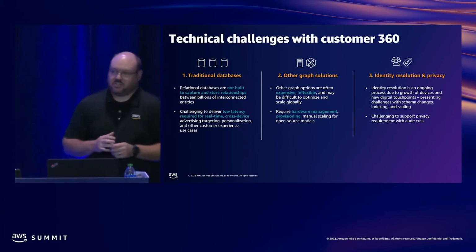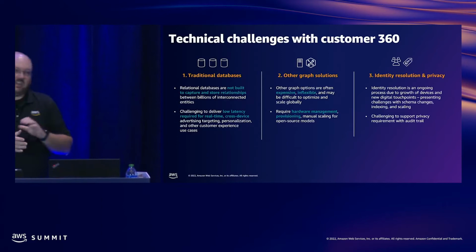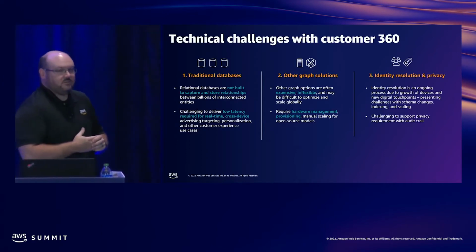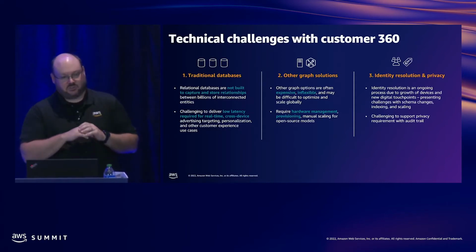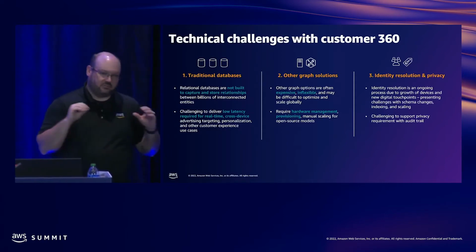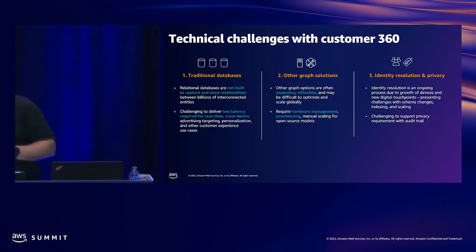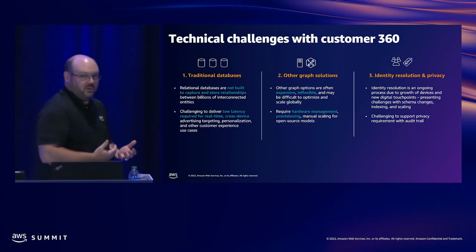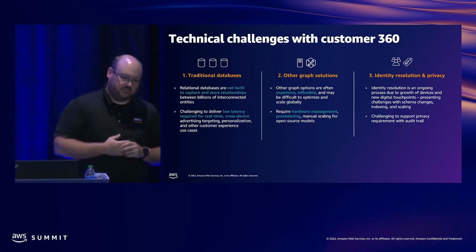So some of the technical challenges, we've seen customers attempt to do this sort of thing in relational databases. It requires some work if you're trying to do this in a relational system, right? In terms of just creating the proper indexing schemes, if you're trying to traverse across something iteratively, having to use things like common table expressions in SQL, it's not intuitive to model a graph-like structure in a relational database.